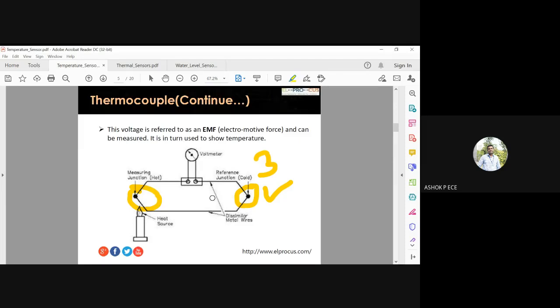Okay, so this is a simple example of a thermocouple. I'm going to measure the temperature difference in terms of voltage.